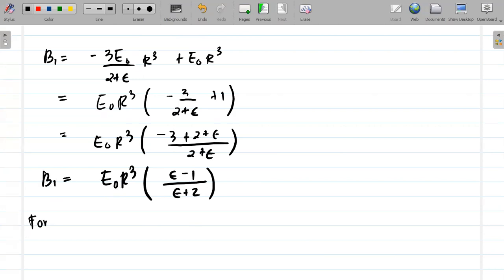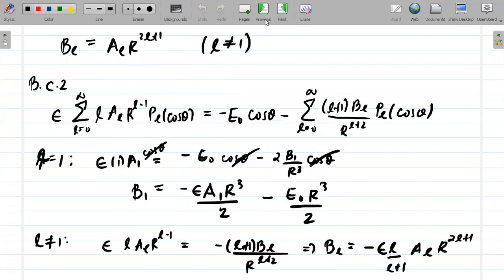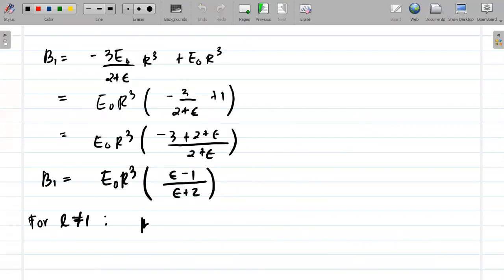So, for L not equal to 1 naman, yung the rest, we have BL equals AL R to the 2L plus 1. That's the first condition.